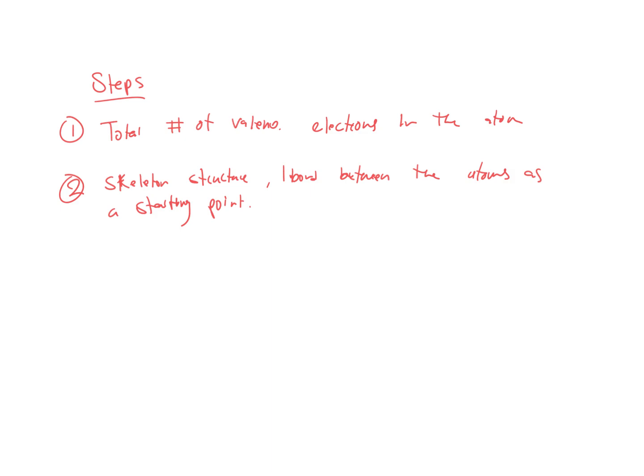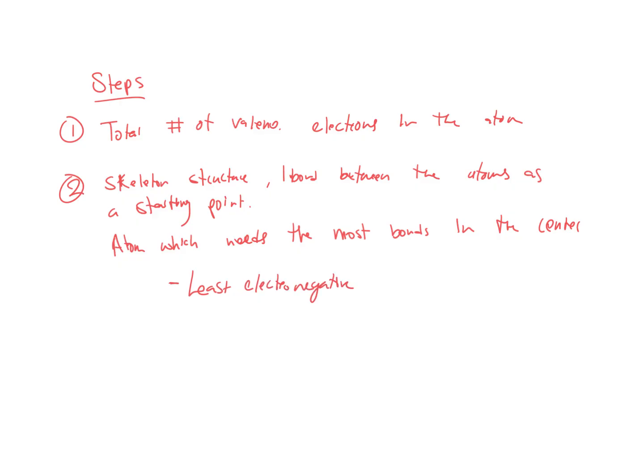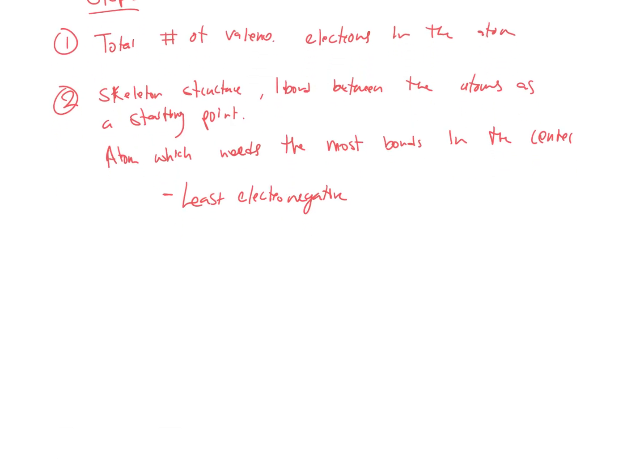And generally, we put the atom which needs the most bonds in the center. Oftentimes, this is also the least electronegative in the center of our structure. There are some more caveats to this.